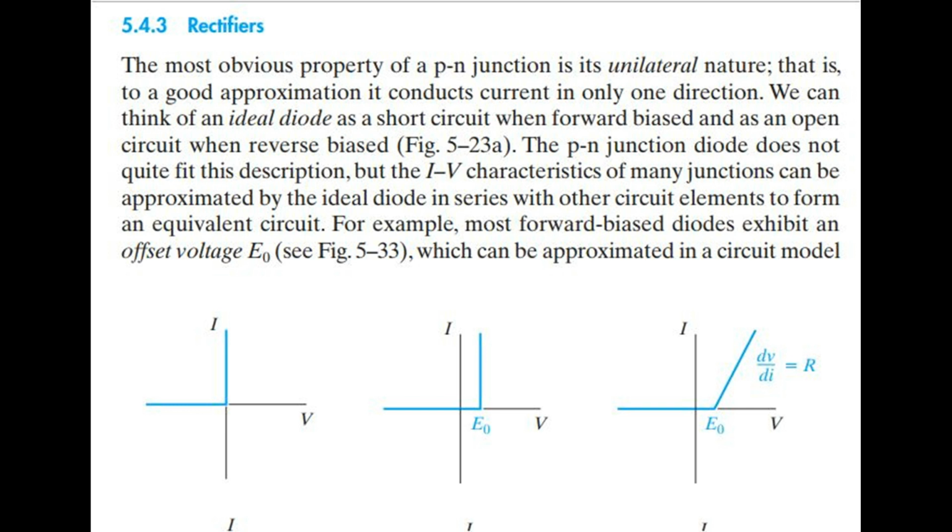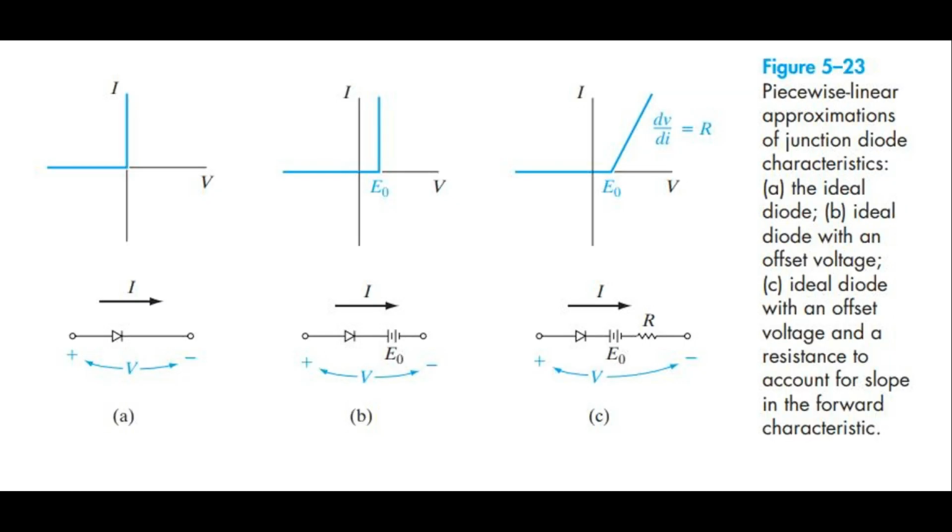The p-n junction diode does not quite fit this description, but the I-V characteristics of many junctions can be approximated by the ideal diode in series with other circuit elements to form an equivalent circuit. For example, most forward biased diodes exhibit an offset voltage E_0, see Fig 5-3, which can be approximated in a circuit model by a battery in series with the ideal diode, Fig 5-23b.